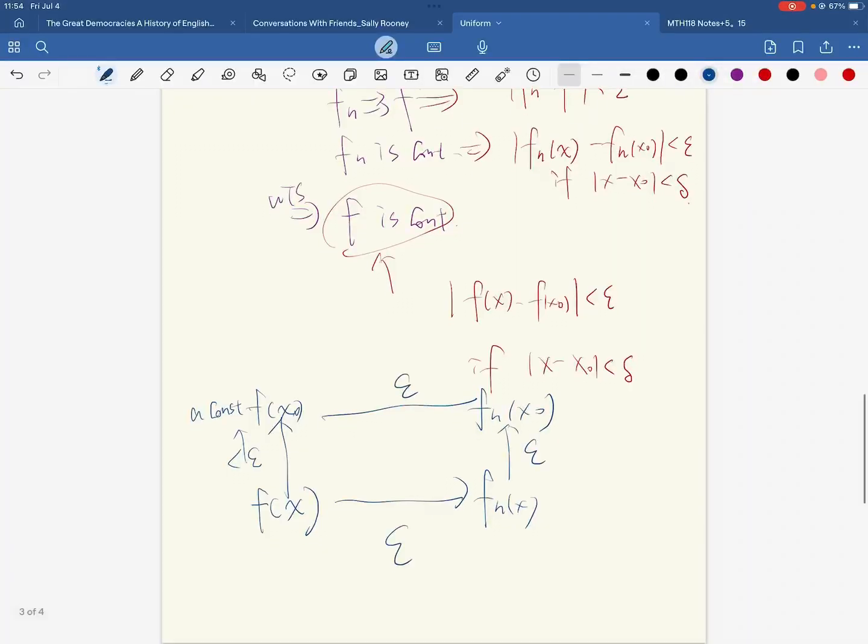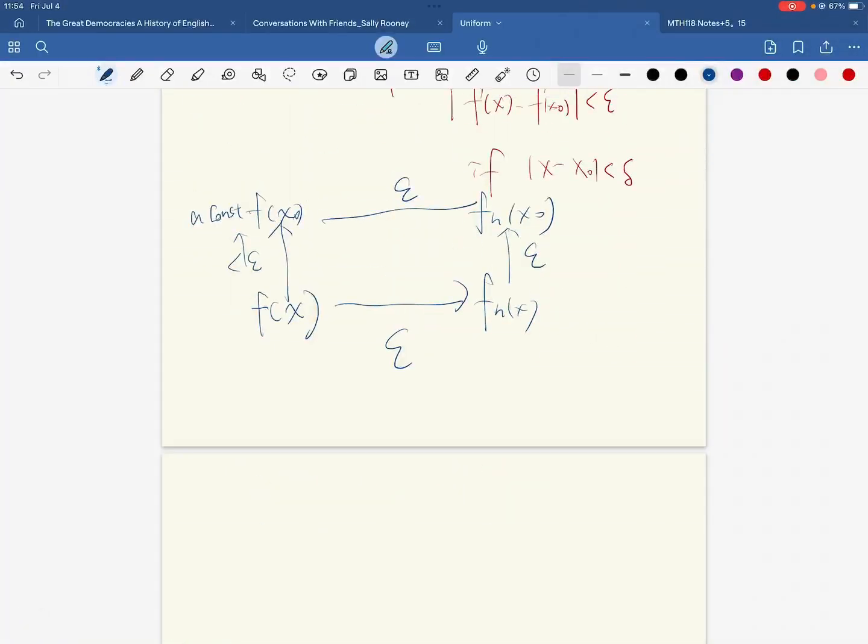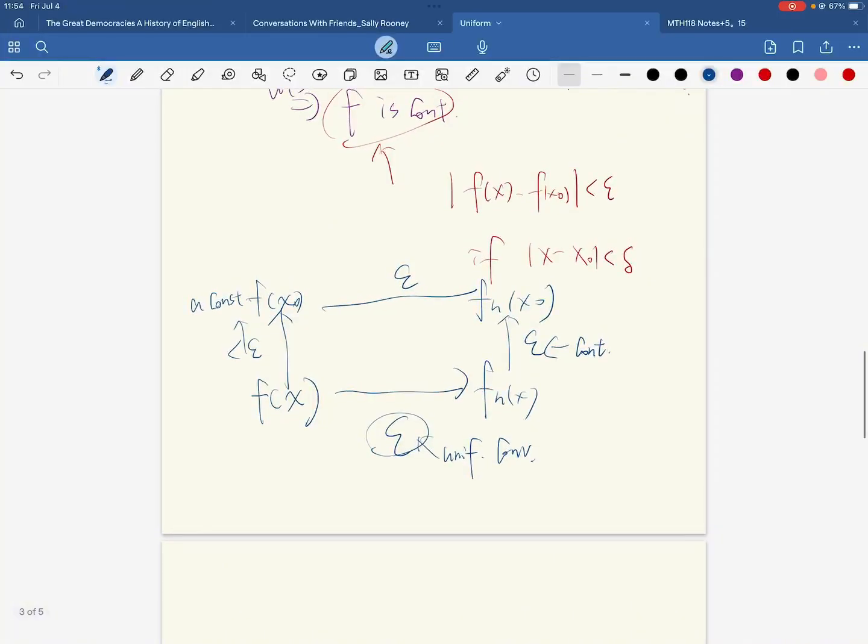This is by uniform convergence, this is by continuity, and this is also by uniform convergence, so we know this.